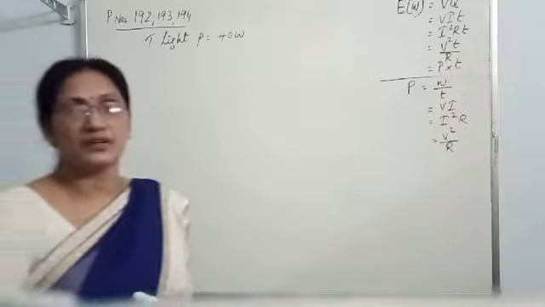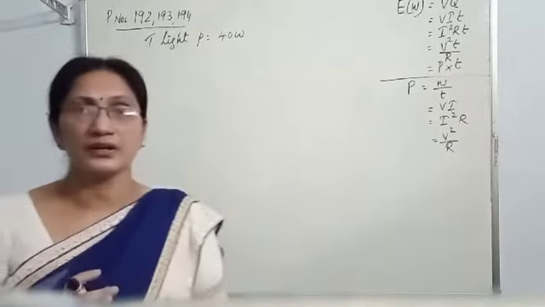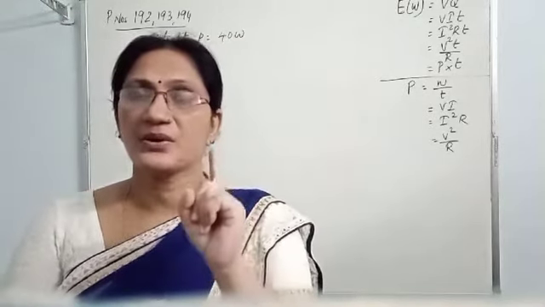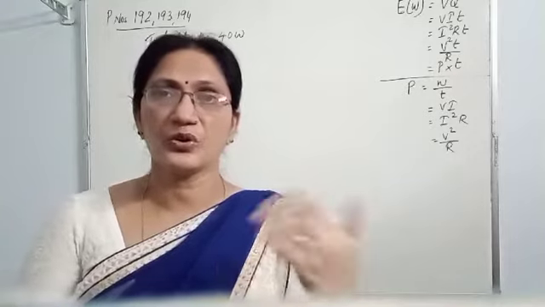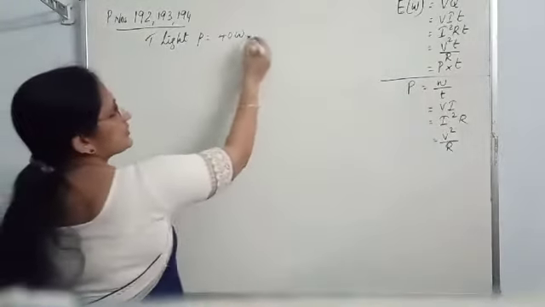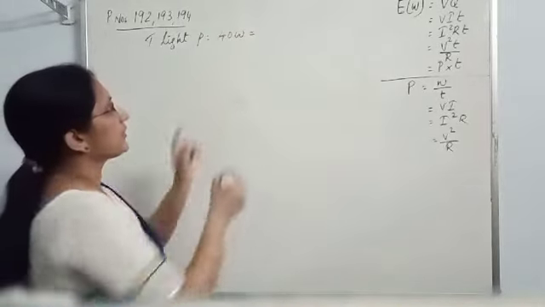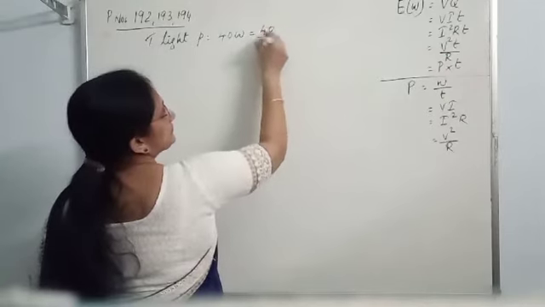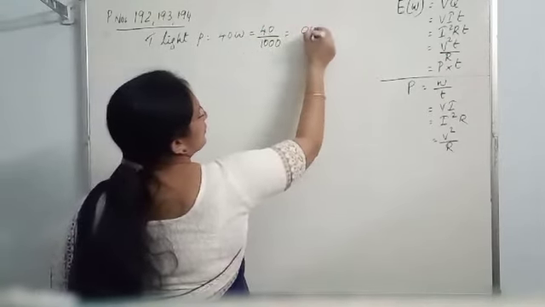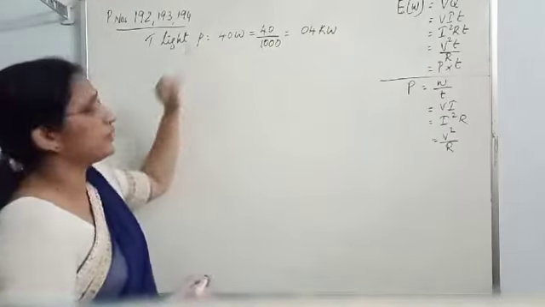Then you have to convert it into kilowatt, because your answer should come in kilowatt hour unit. 1 kilowatt hour is known as 1 unit and the cost is given per unit, per kilowatt hour. So we will convert it into kilowatt by dividing with 1000. 40 by 1000, that is 0.04 kilowatt. That is the power of the tube light.